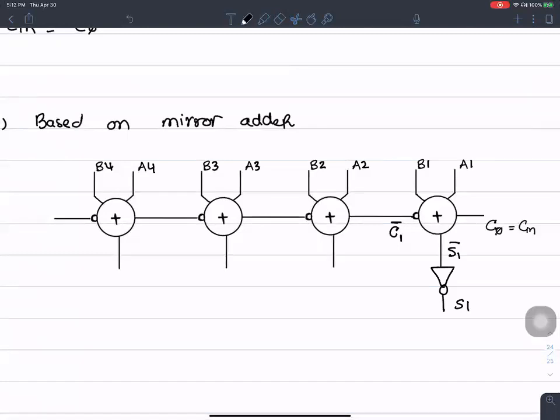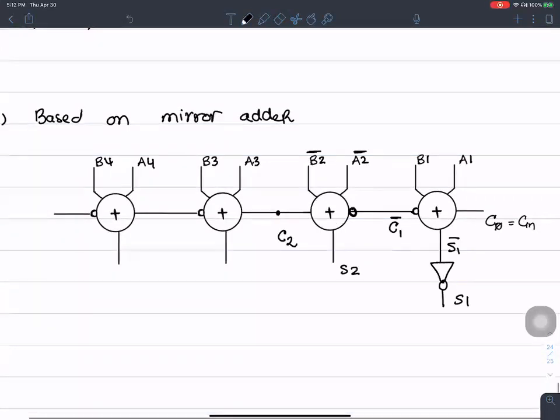In order to do this, we don't have to invert this one. If we pass in inverted inputs A2 and B2, the output here is going to be S2 in its uncomplemented form and C2 in its uncomplemented form.